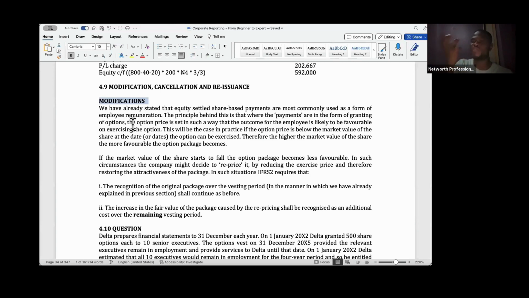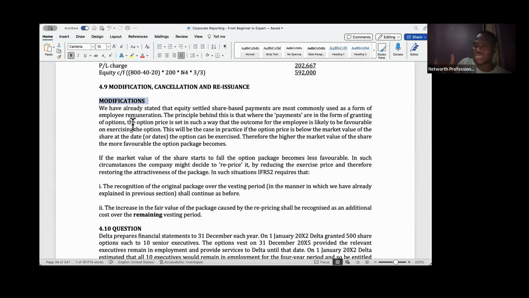And don't forget, the value of an equity settled share-based payment is based on the fair value of the share option at the grant date. So when they reprice, that value becomes enhanced.